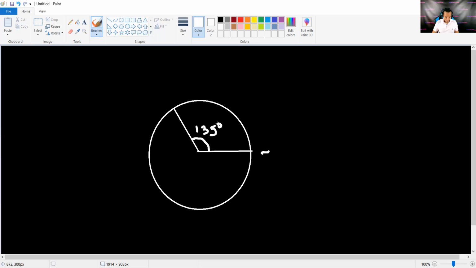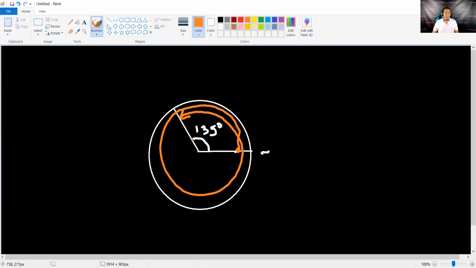Well, if I start from here, the same line as the other angle, and I go around the circle once, and then I go a little bit more, and I end up at the same spot where the other angle ended, they will be coterminal.